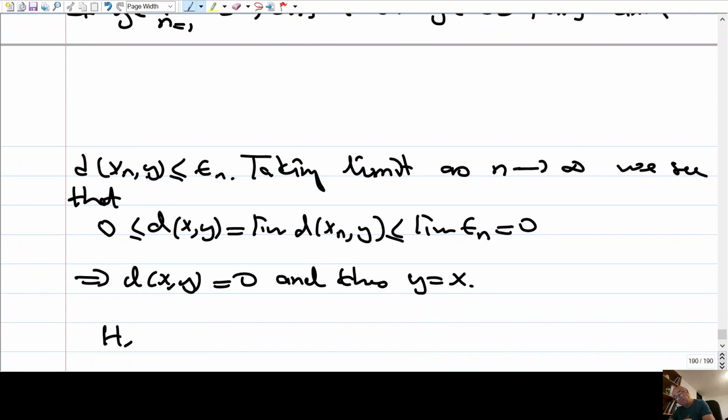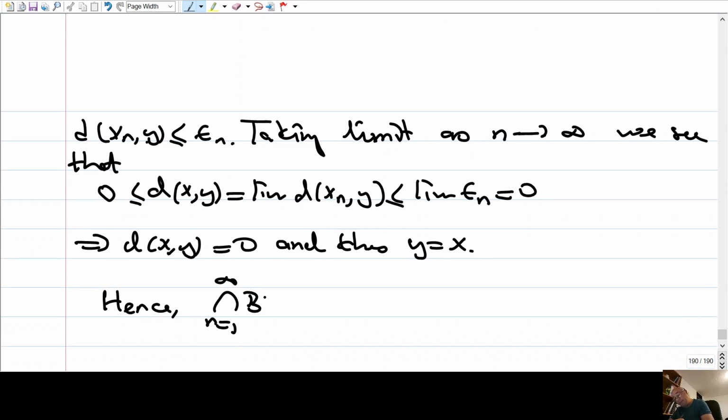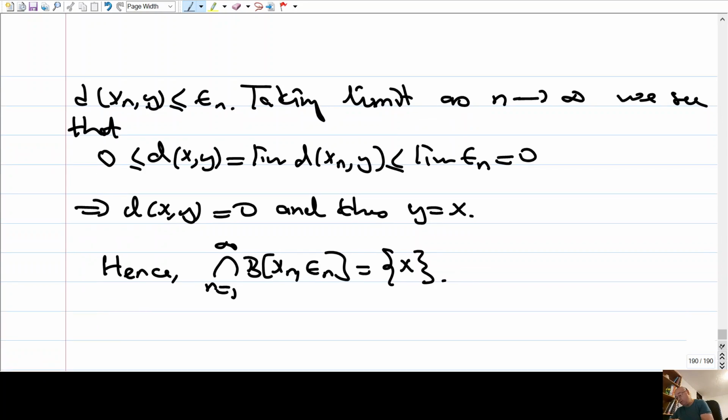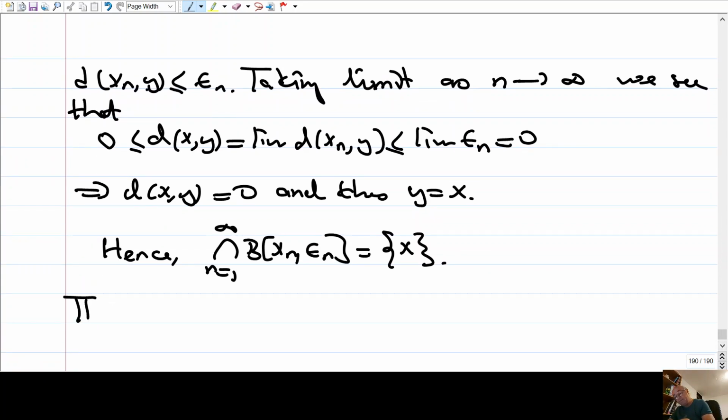Hence, this intersection from 1 to infinity of these balls consists of a single element, which is x. Okay. So this finishes the proof of the lemma.